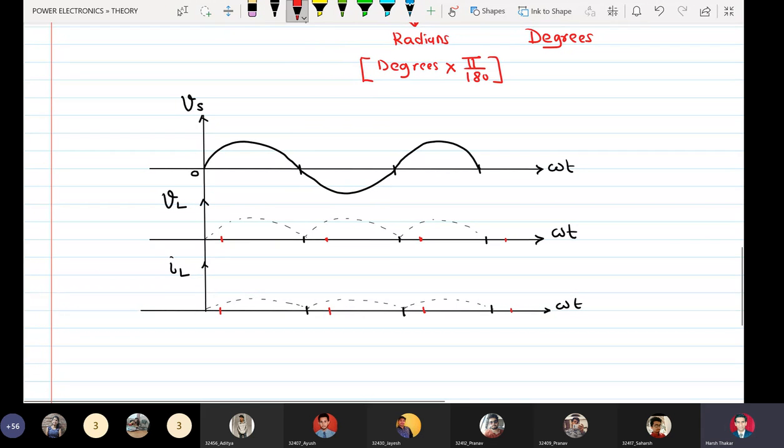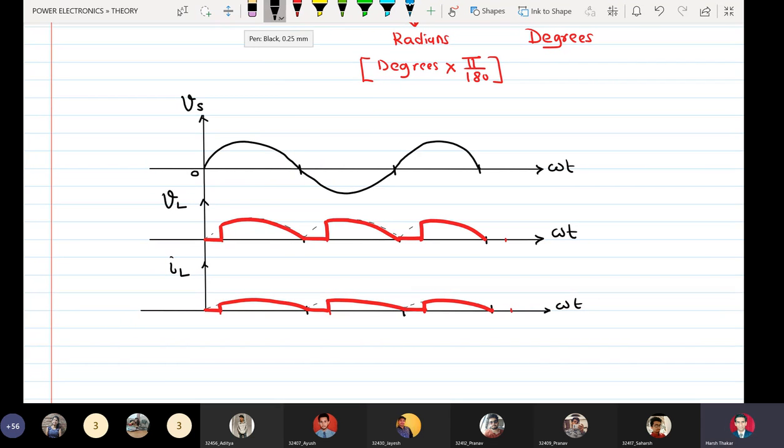Okay, darken it now. Current is same nature, scaled down. So this is VM.